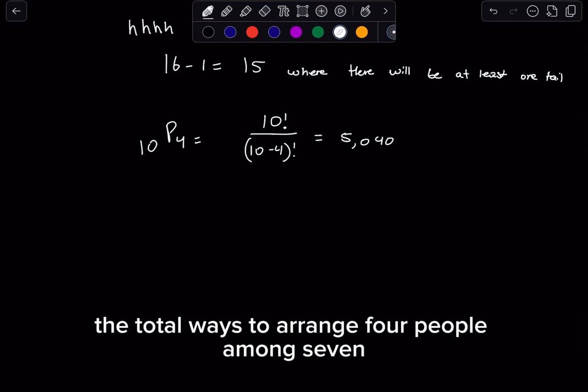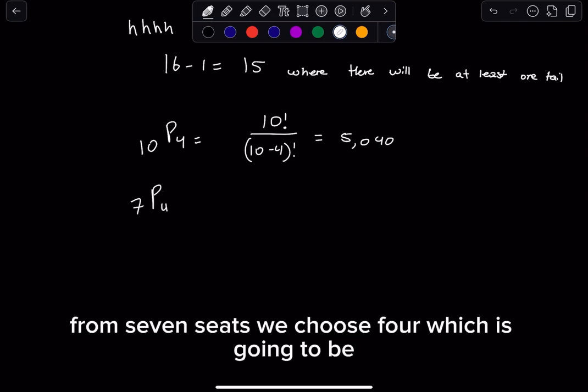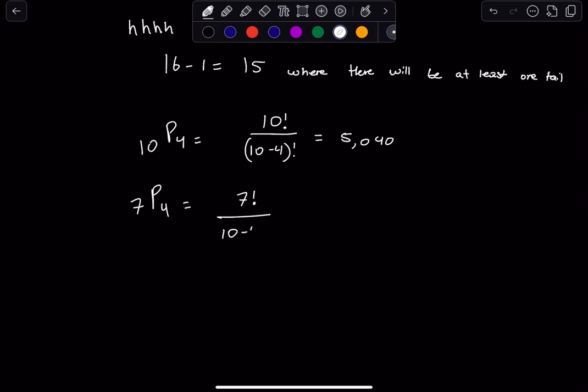The total ways to arrange 4 people among 7 non-aisle seats is going to be, from 7 seats, we choose 4 and arrange them, which is 840.